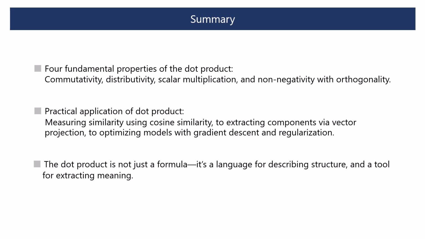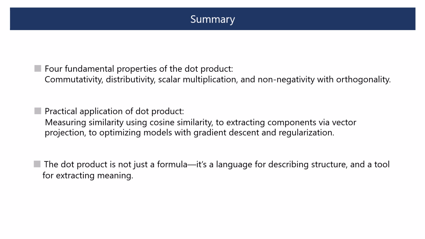Let's wrap up. We explored four fundamental properties of the dot product: commutativity, distributivity, scalar multiplication, and non-negativity with orthogonality. These are not just technical details. They form the foundation of inner product spaces.